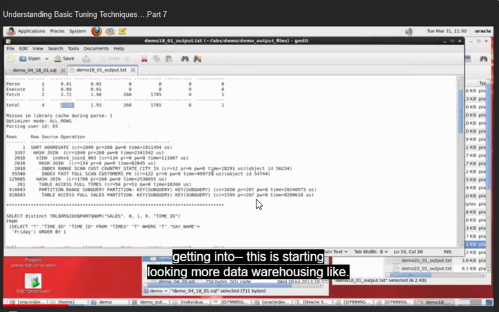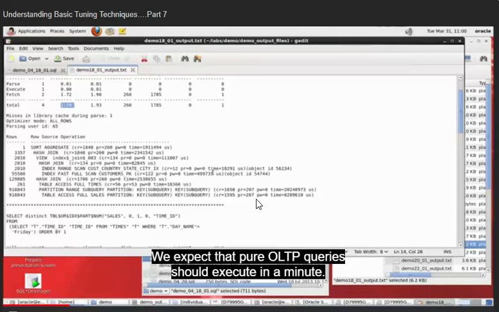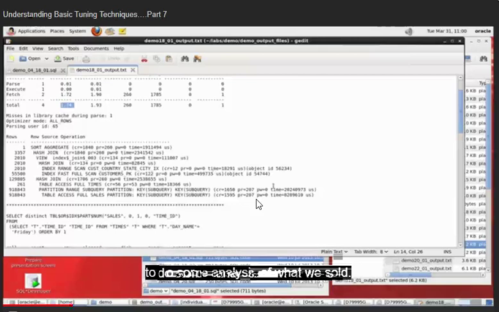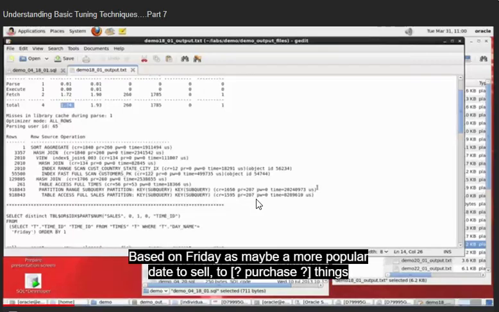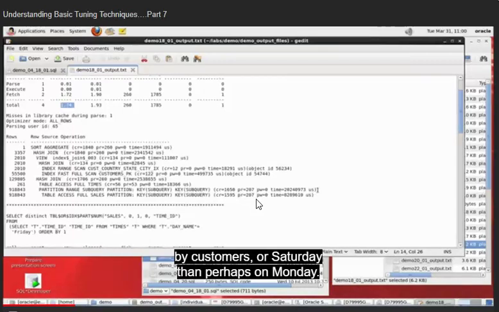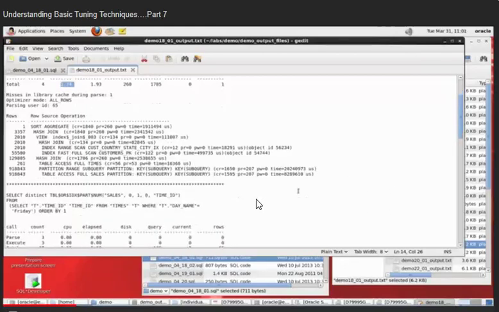This is something we do on a data mart or a data warehouse to do some analysis of what we sold. Friday is maybe a more popular day for customers to purchase things, or Saturday, than perhaps a Monday. And this one took almost 2 seconds also, 1.65, and it cost us this many blocks to have a look at.